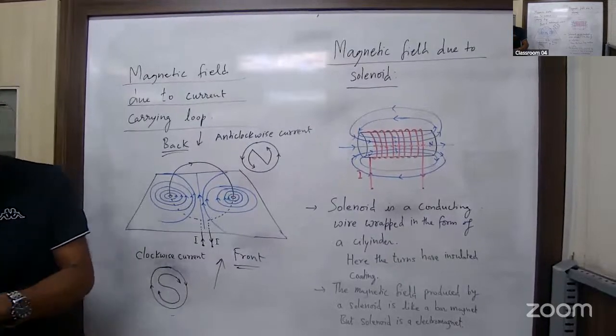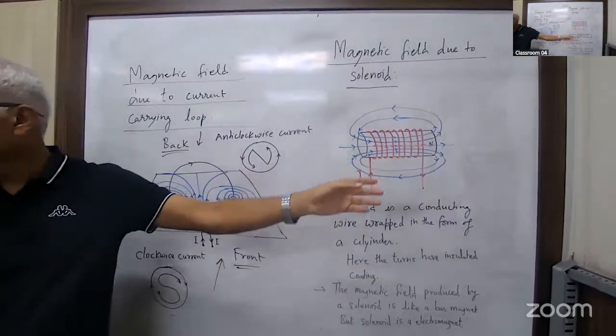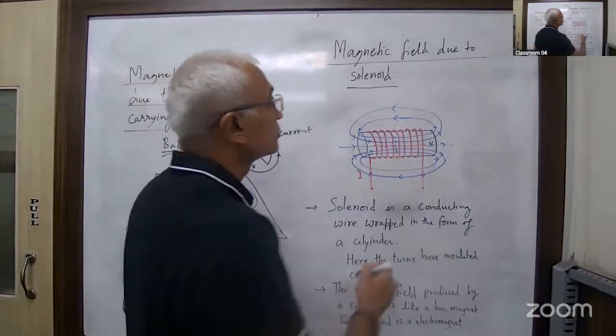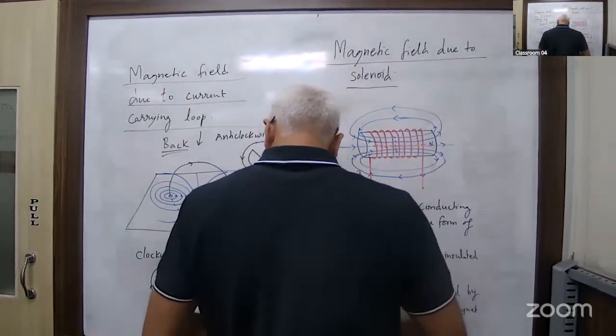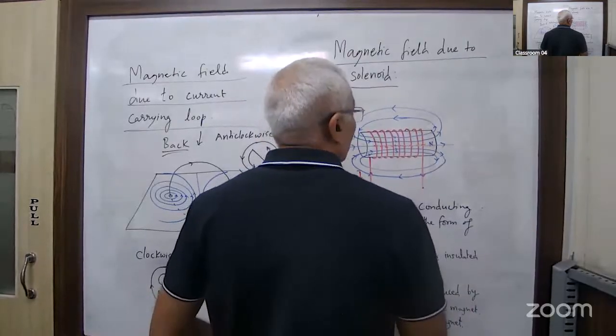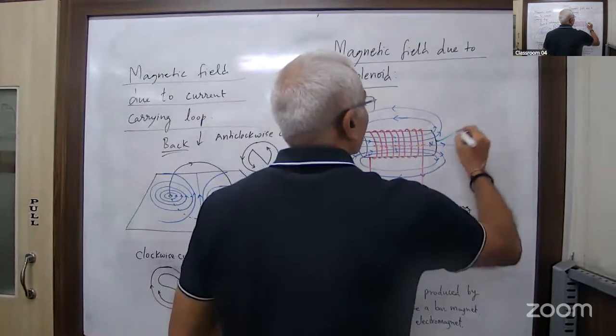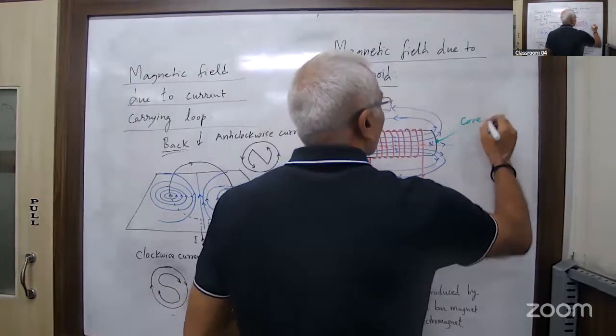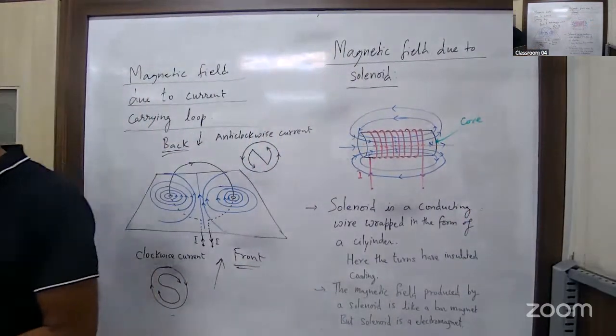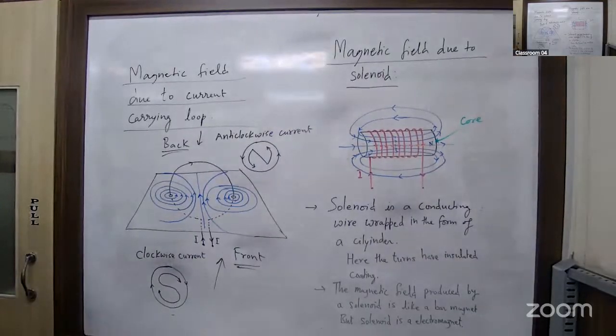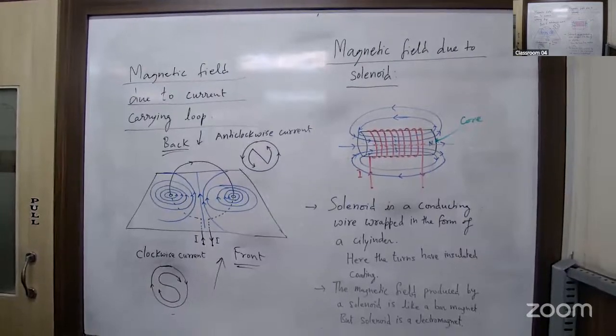So then, what is inside? This is called the core. Okay. So when there is nothing inside, the core is air. What is the core? Once we wrap the wire using a support, the purpose of this pipe is only to wrap the wire.